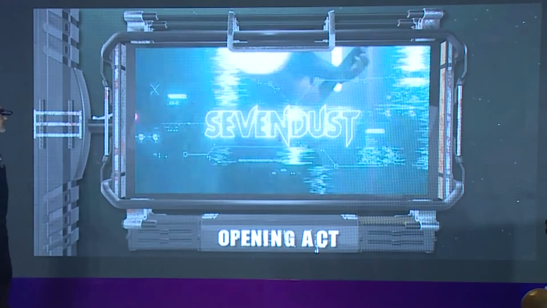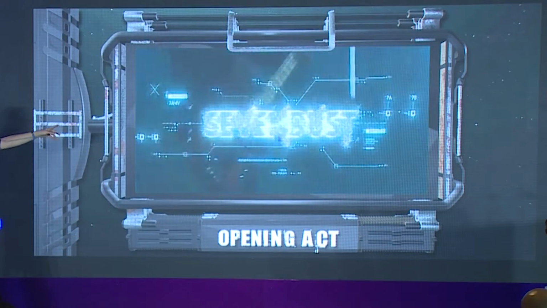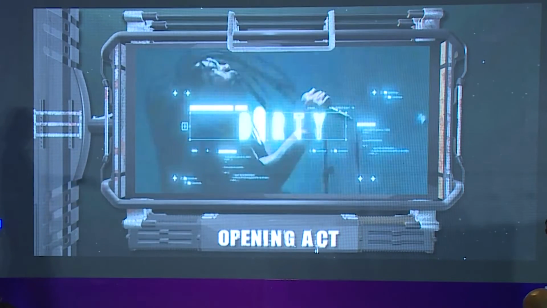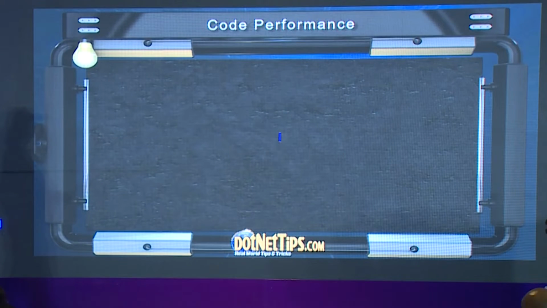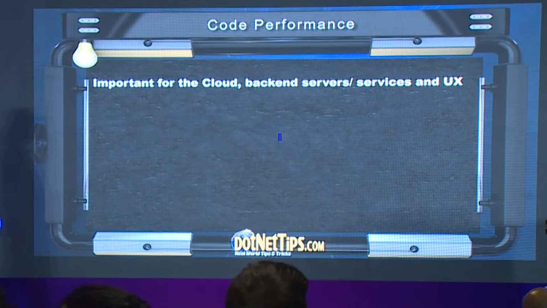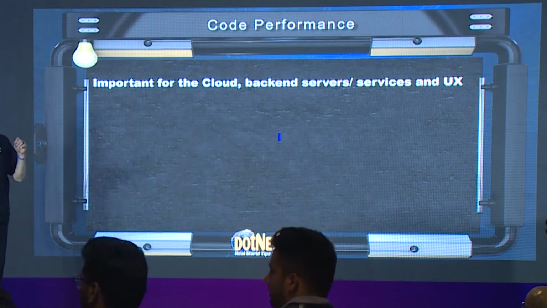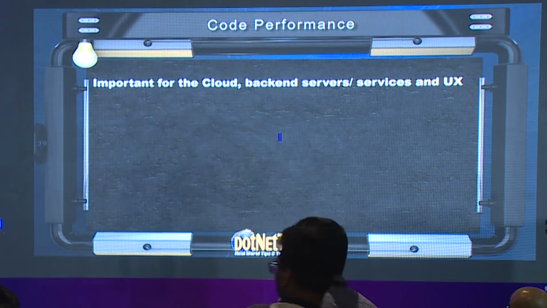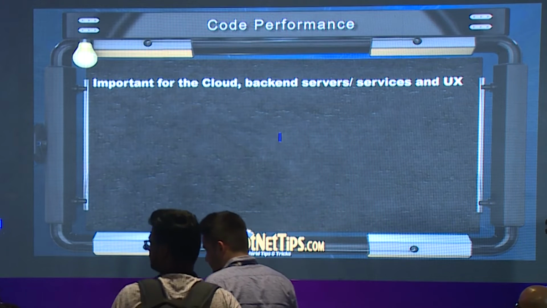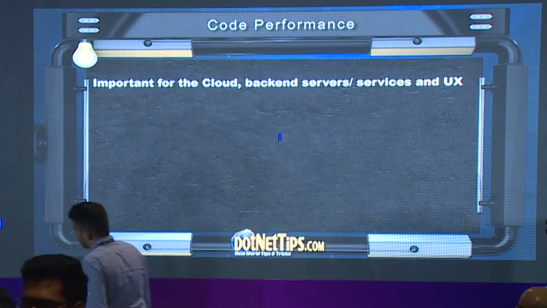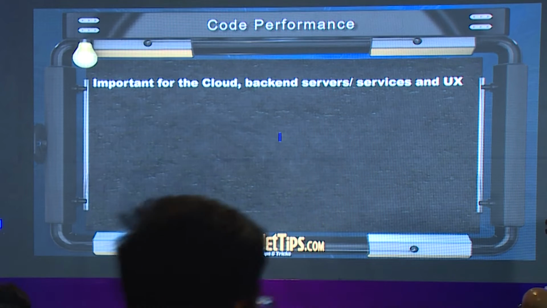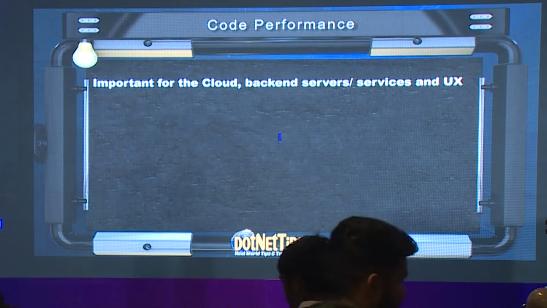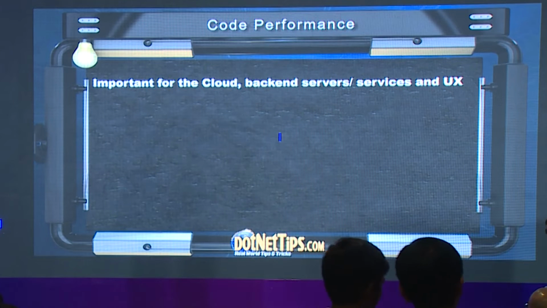Why we're doing this talk? All right, code performance. Code performance is super, super important. Not only will poor performance upset your users because things are taking too long, but if you don't get all the performance you can out of your code and you go to the cloud, you're going to be paying more money, right?